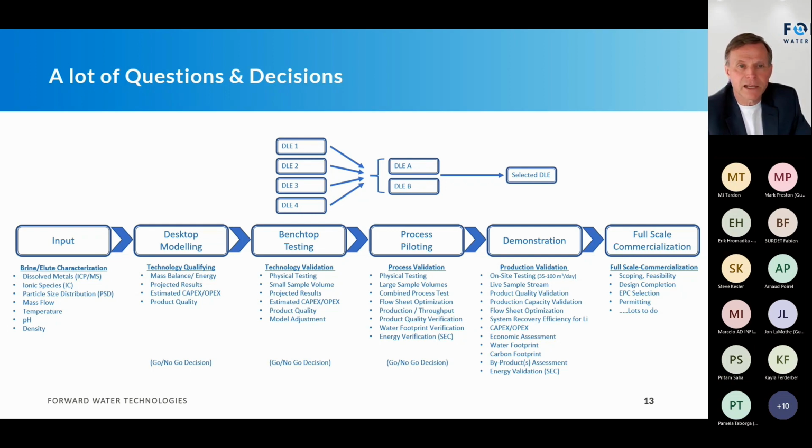You need to put in a mechanism or process to keep track, because you're not testing just one direct lithium extraction material or technology at the onset. You're probably going to be evaluating multiple. The reason being, the question I asked is: does DLE work? Well, I'm going to give you a cryptic answer of maybe.